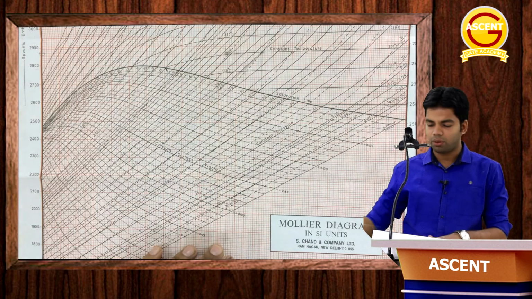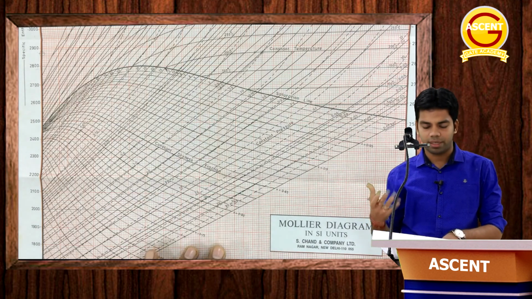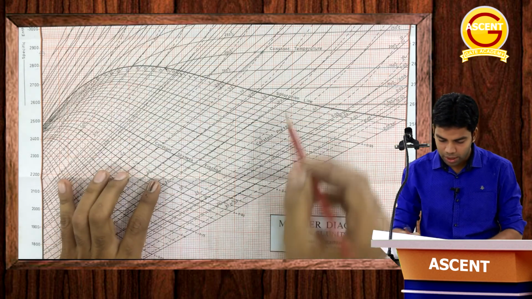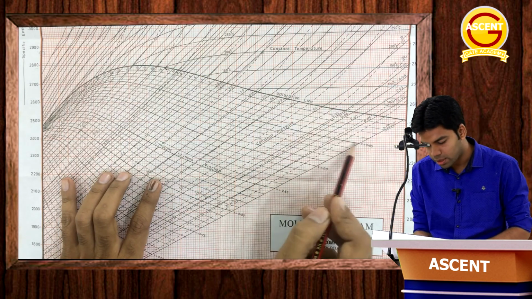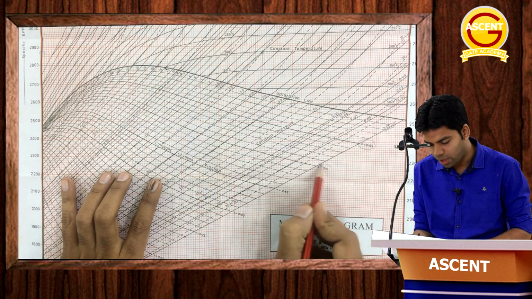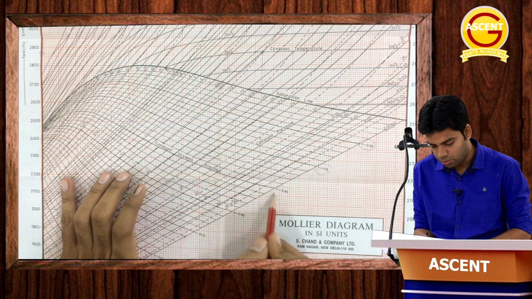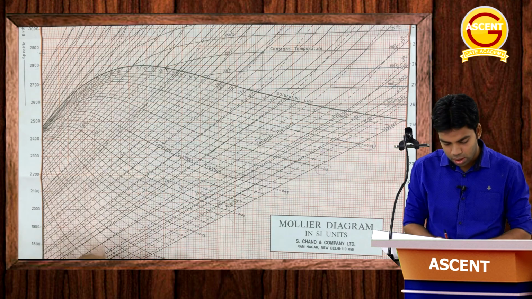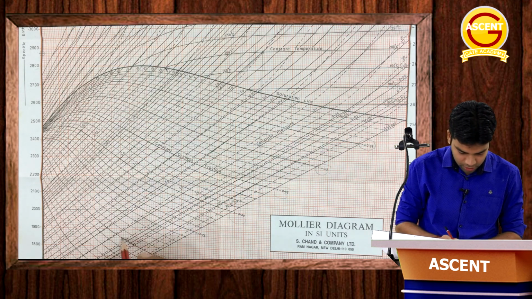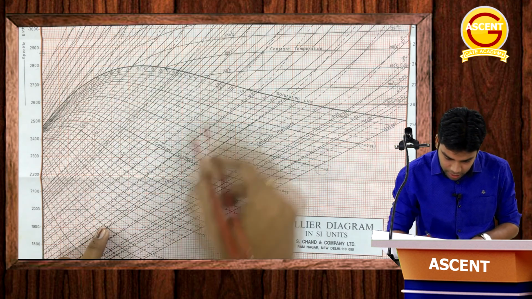Similarly, suppose you have wet steam at 2 bar and 0.7 dryness fraction, as we have seen in the example. At 2 bar, you can see these lines are the constant dryness fraction lines. You can see x equal to 0.95, 0.9, 0.85, 0.8. So at 2 bar and 0.7 dryness fraction, this is the line for 0.7 dryness fraction and this is the line for 2 bar.